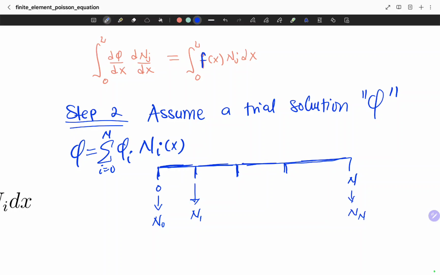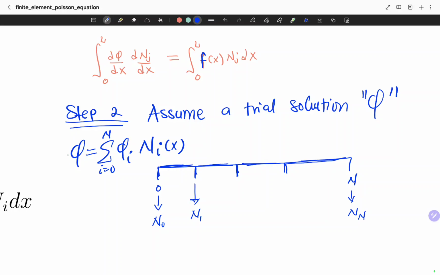until Nn. But don't forget, this is known for this problem, and this is known for this problem. But anyways, we can still have it. Now let's estimate the global stiffness matrix, but that will be the next thing to do.